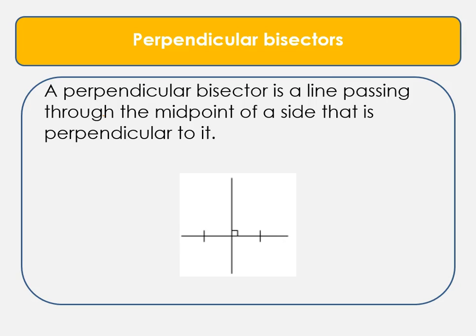We have perpendicular bisectors. This is when a line passes through the midpoint of a side and is perpendicular to it. So what this means is this line cuts through this other line, or meets this line, at a 90-degree angle, and when it does that, it divides this line in half.